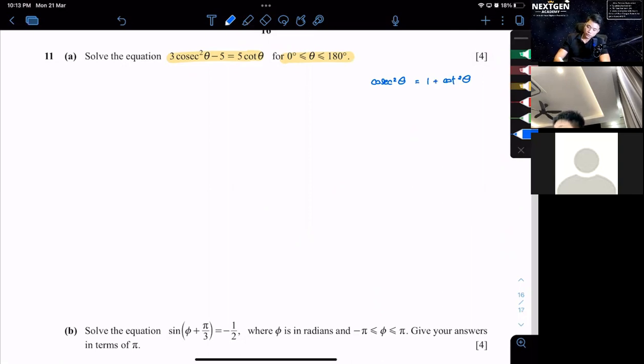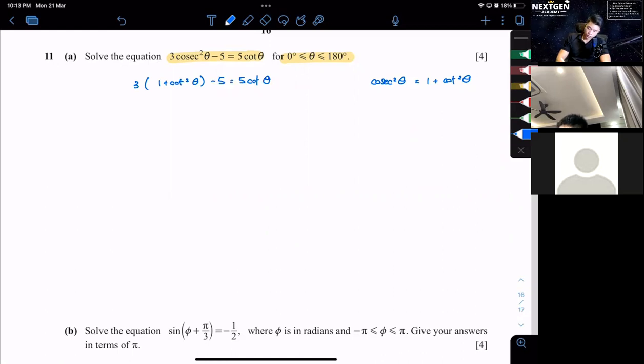Okay, so we can change the whole equation to cotangent. So 3 times (1 plus cotangent square theta) minus 5 equals 5 cot theta.